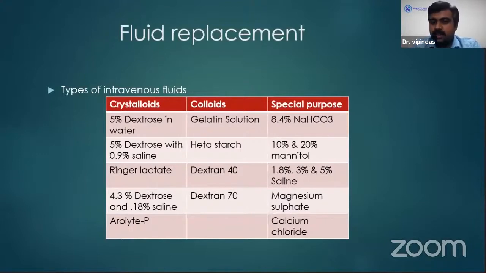Colloids include gelatin, hetastarch, and dextran 40. What is the difference between crystalloids and colloids, and what are the advantages and disadvantages? We will come across that.